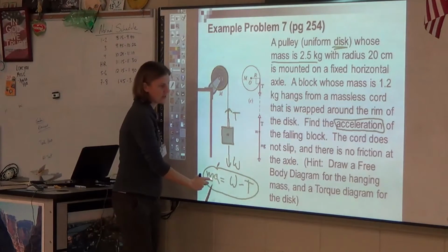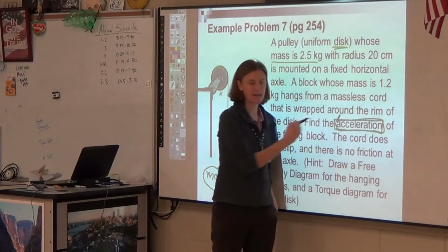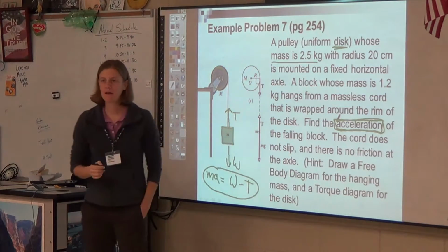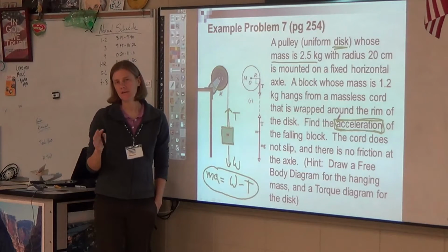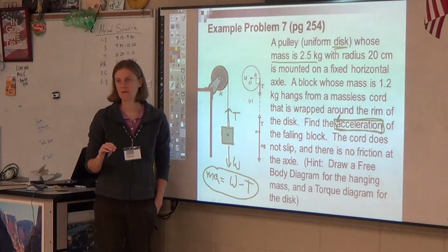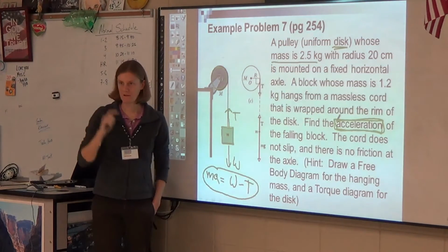And as a guess, how would we know we were wrong? Like, what is a clearly wrong answer for the acceleration of the block? Well, aside from the sign, how is the magnitude? It is bigger than gravity.